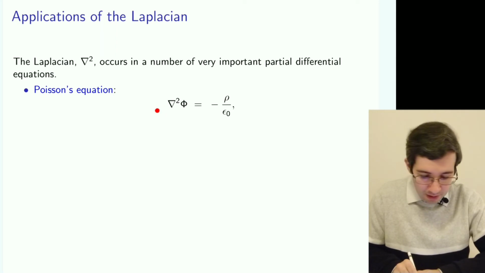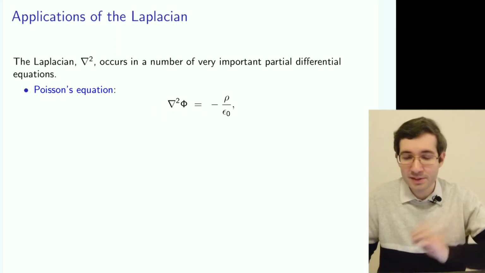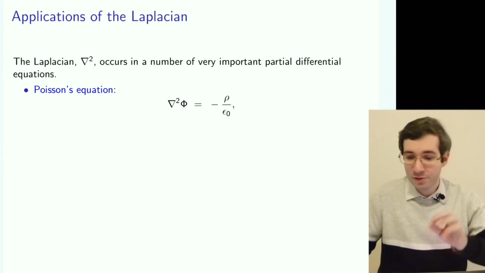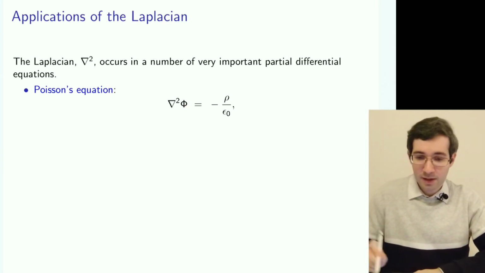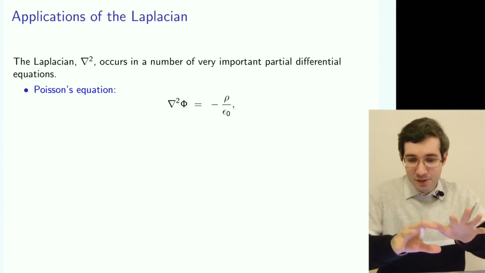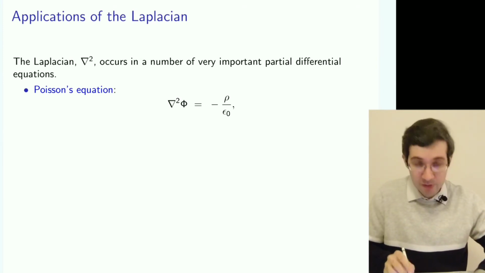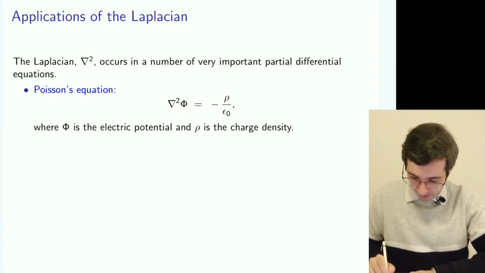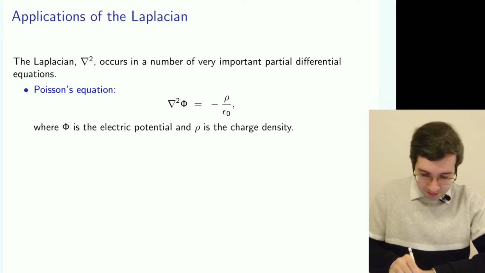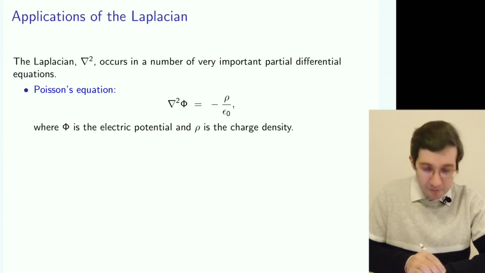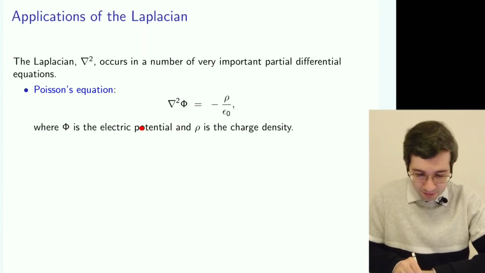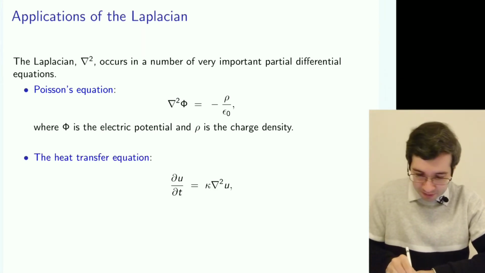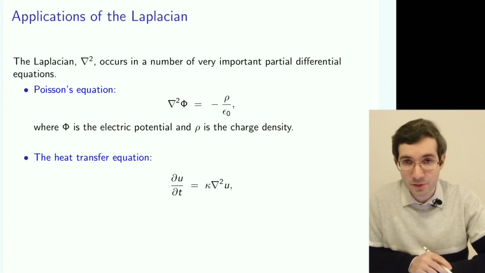That applies to everything to do with static charges, for example. So any electric field you can generate, anything you can think of, as long as it's not changing in time, can be described by this equation. And as I said, the capital phi here is the potential of the electric field, and rho is the charge density. That's a direct result of the Maxwell equations, which we'll see later.